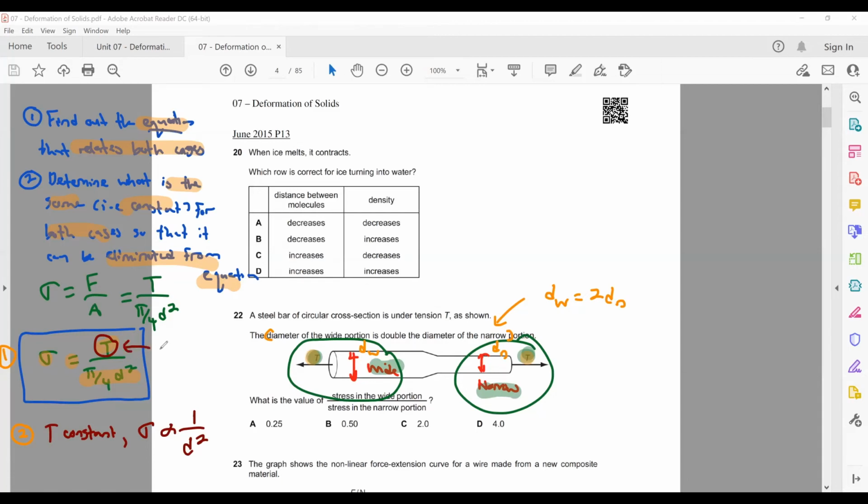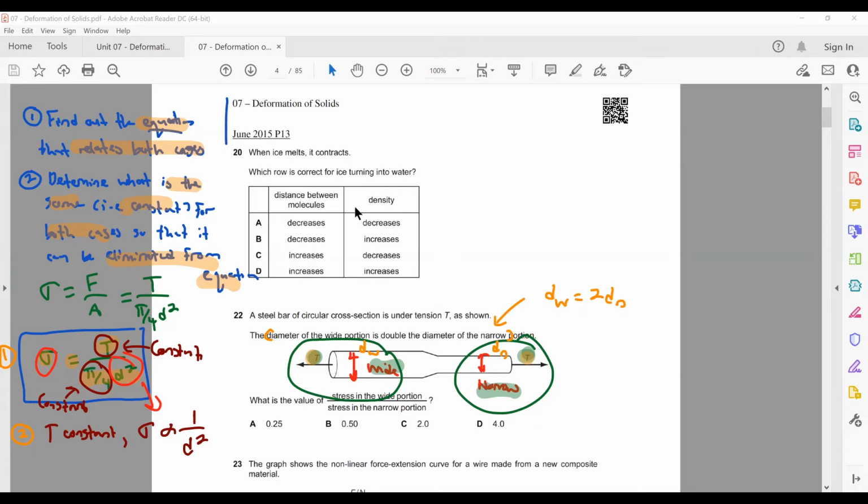T is constant, you can eliminate it. Pi over 4 is also a constant, you can eliminate it. The only one that's left is this one. Okay, so you say that stress is inversely proportional to d squared.